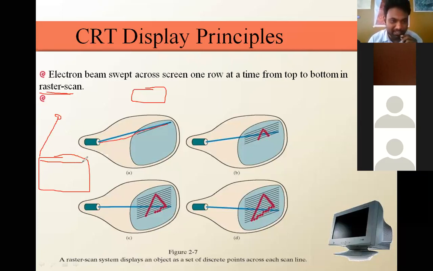After completion of this line, it will come to the next line position and draw another line, and go to the next position and draw another line. In this way the beam will go. So how can we display the A alphabet over there?